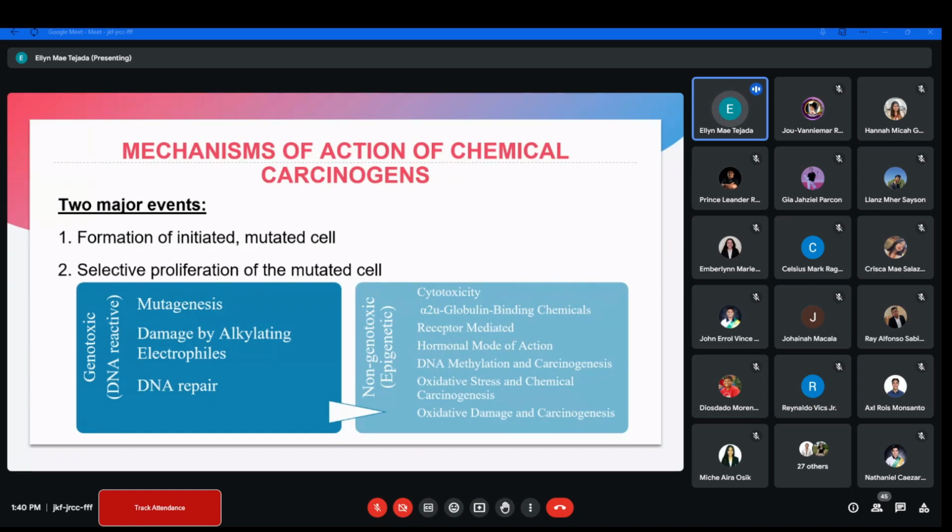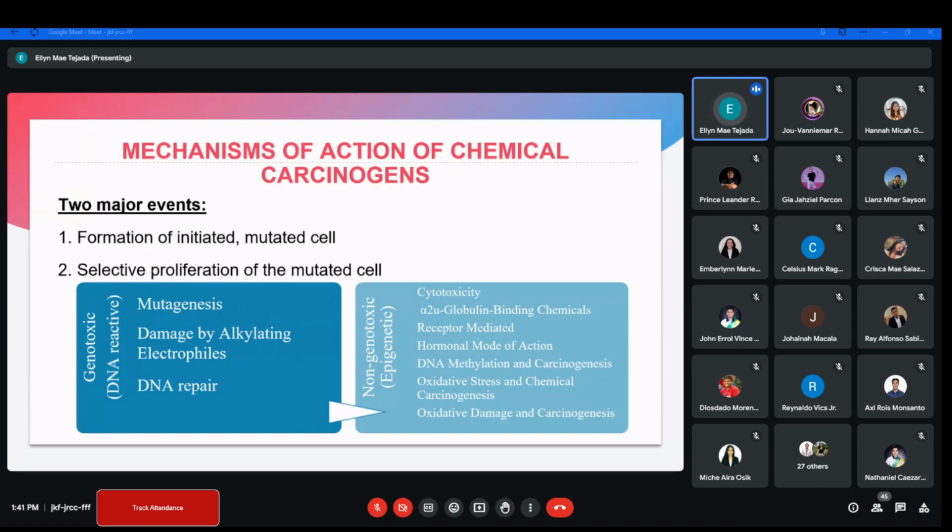The development of neoplasia requires two major events. These are the formation of an initiated, mutated cell, and the other one is the selective proliferation of the mutated cell to form a neoplasm. Both of these events can be induced by chemical carcinogens.